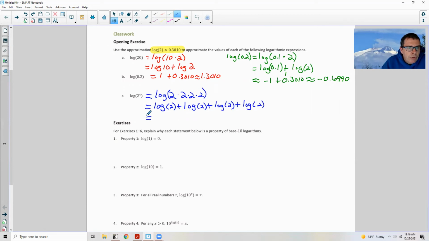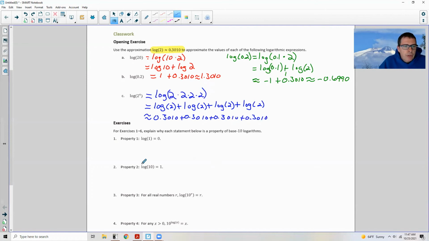And the log of 2, it's not equals, it's an approximation. The log of 2 is approximately 0.3010 plus 0.3010 plus 0.3010 plus 0.3010. 1, 2, 3, 4.